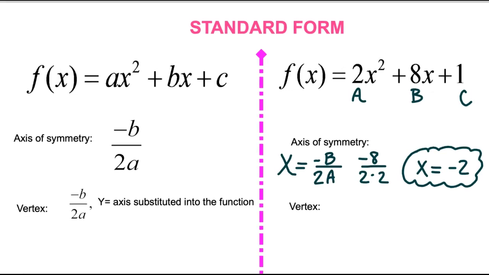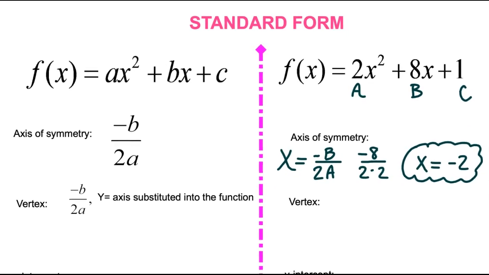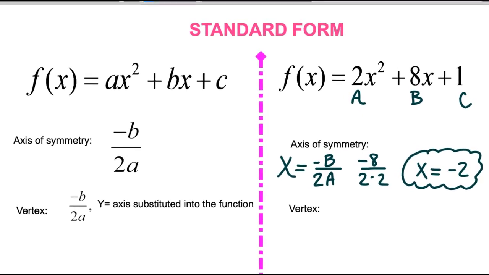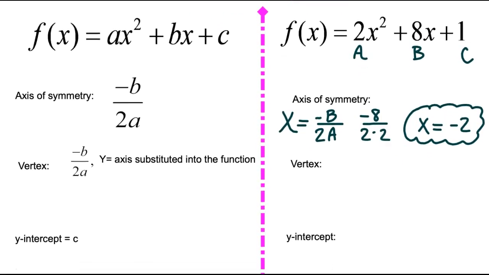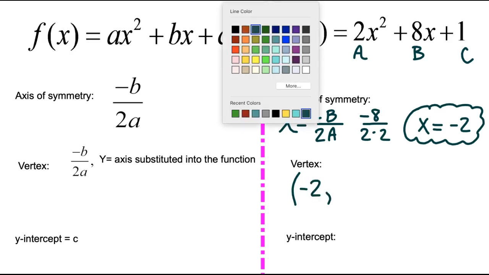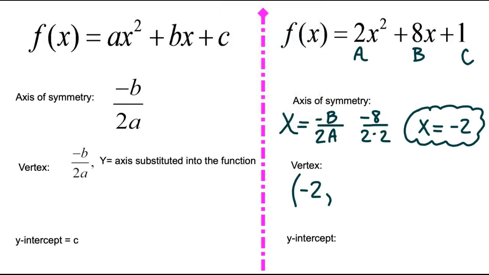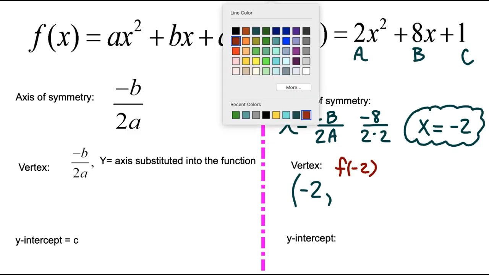So what that tells us is our axis of symmetry essentially tells us my x value of my vertex as well. So once I find my axis of symmetry, the x value of your vertex is the same thing. So now all we have to do to find the y value is take negative 2 and evaluate the function when x is negative 2, and that will give us our y value of our vertex.